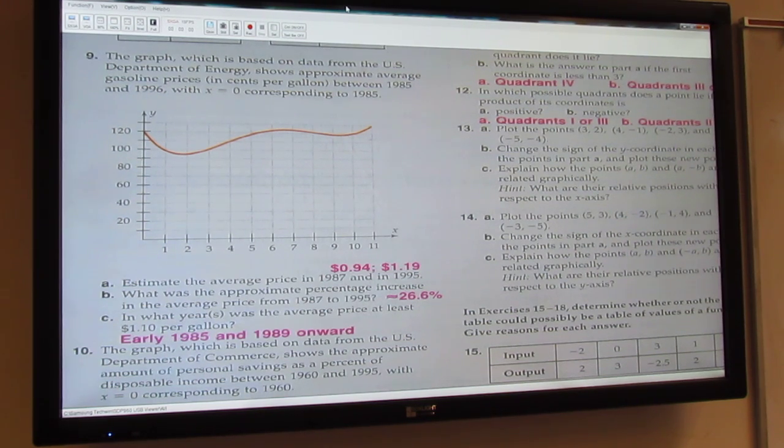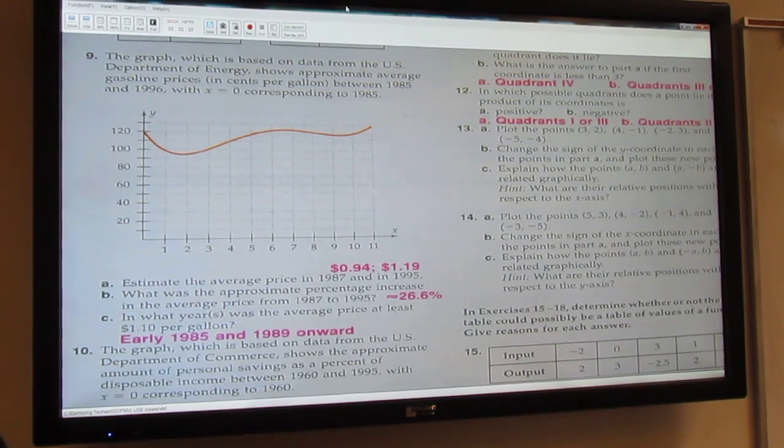Right? 1 plus R, right? 1 plus R, right? So you basically have to say 1 plus R in this case is, we're looking at 26%.